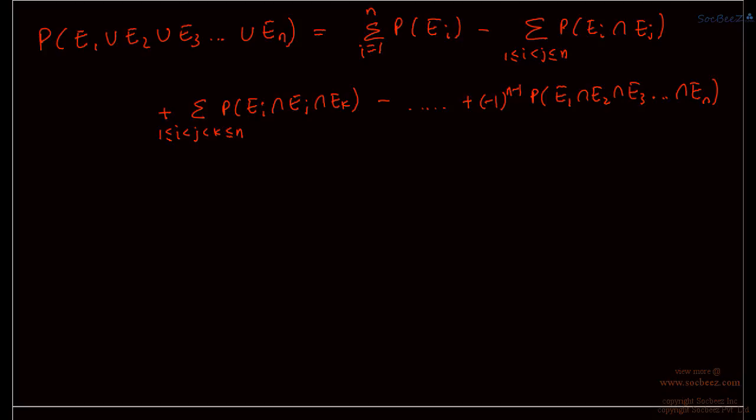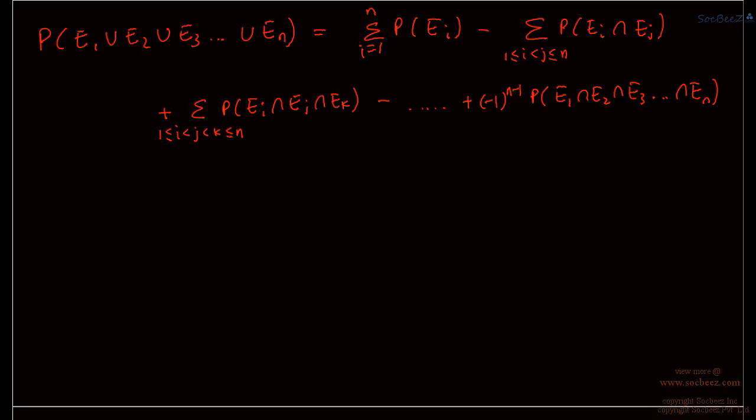So the first term expanded will be P of E1 plus P of E2 plus P of E3, right? Now that's subtracted by P of Ei intersection Ej. I'm considering all the events individually, and then I'm taking the intersections. So I'm considering all possible selections of two events at a time, and I'll subtract that part.